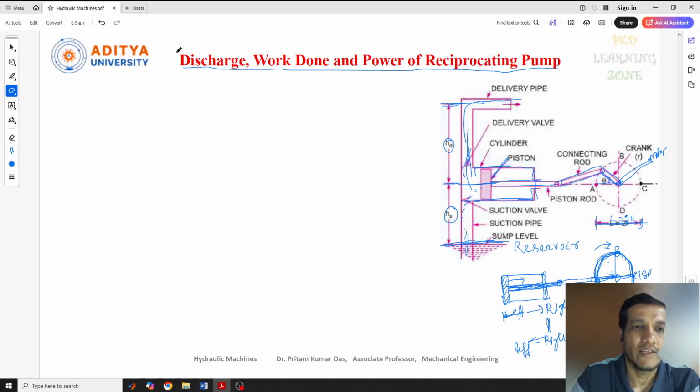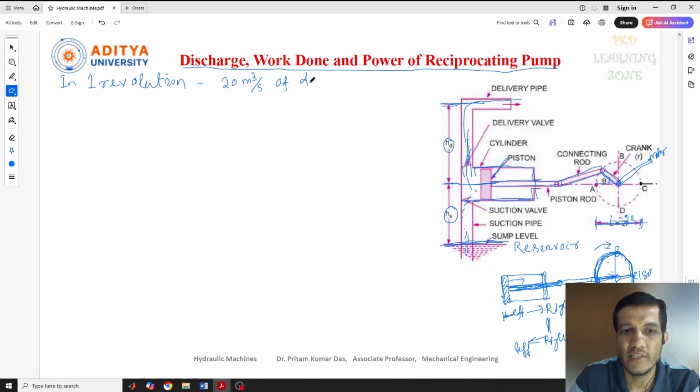So to calculate the discharge, that means how much volume of water is discharged by the pump, how can we calculate? Let me give a small example for this, then we'll go for the derivations. Suppose in one revolution we have 20 meter cube per second of water delivered.